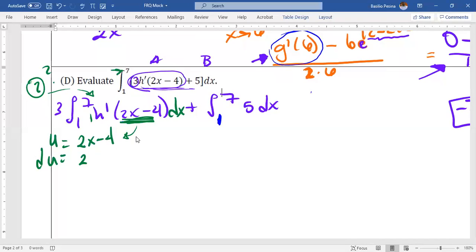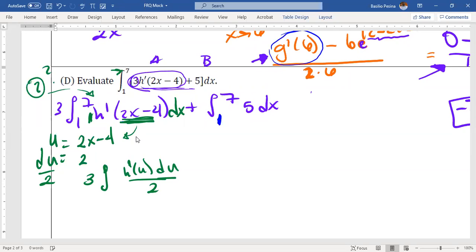So in reality, we have to divide by 2. So it's going to be 3, the integral of H prime of u du divided by 2, right? Because du is divided by 2.